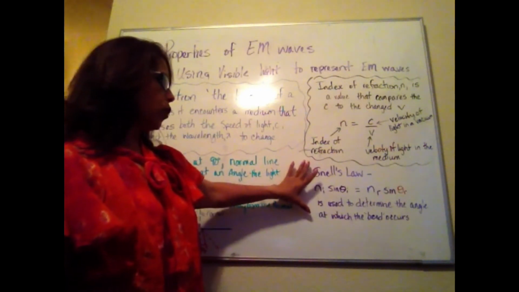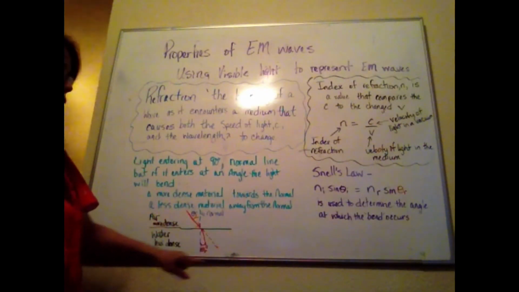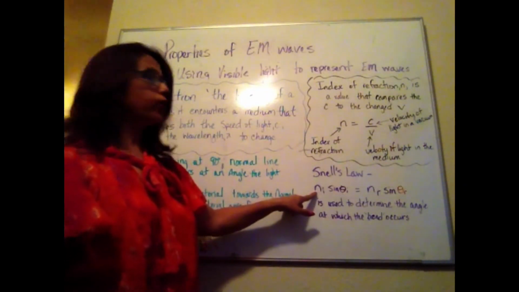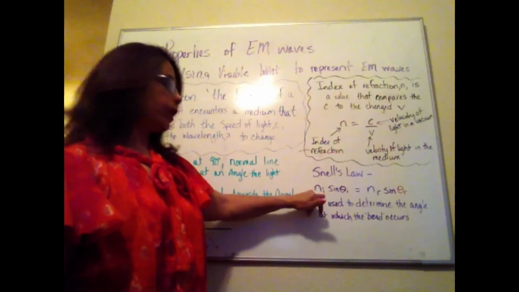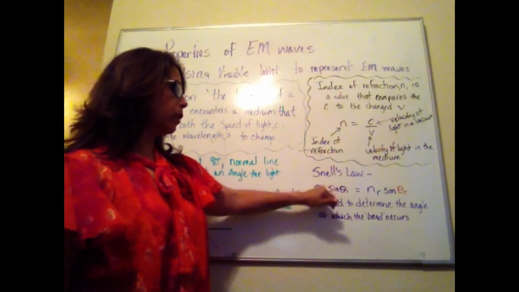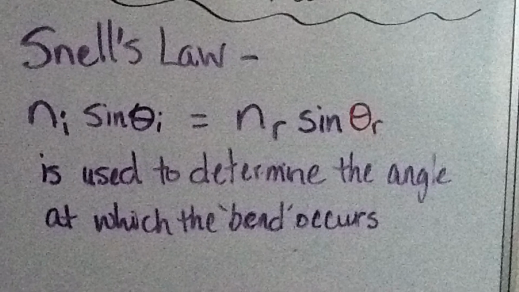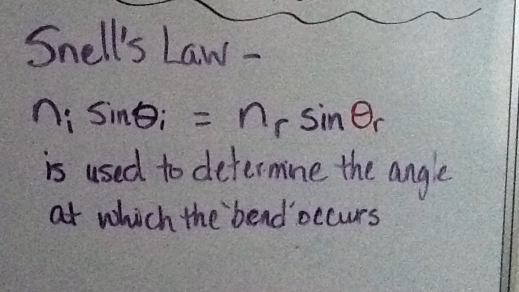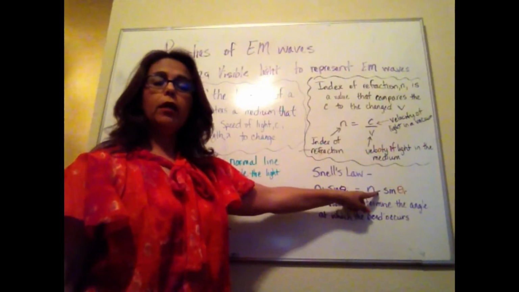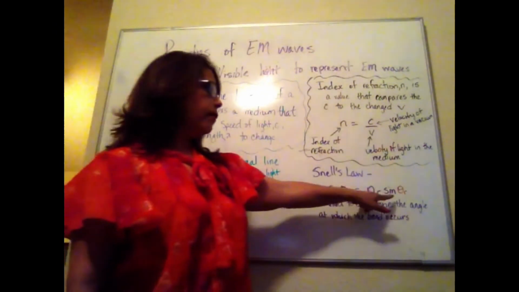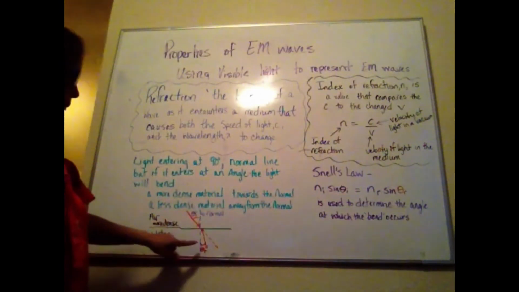Snell's law is the way that we can predict by how much this angle is going to change. So we have the index of refraction, or the n value that we can calculate up here, of the initial light, and it's multiplied by the sine, one of those trig functions, of the initial angle i, which should be equal to the changed n value times the sine of the angle of refraction.